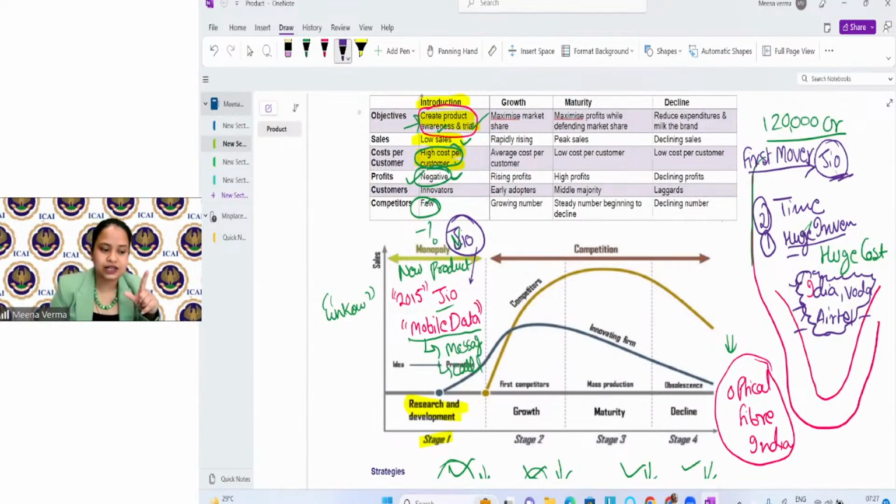So you can see, though product awareness was initially very low, sales were very low, costs were huge, and Jio was facing losses. Initially they faced losses, right? But gradually, since their product was innovative, a new, revolutionary product in the market, the company gradually created a monopoly.